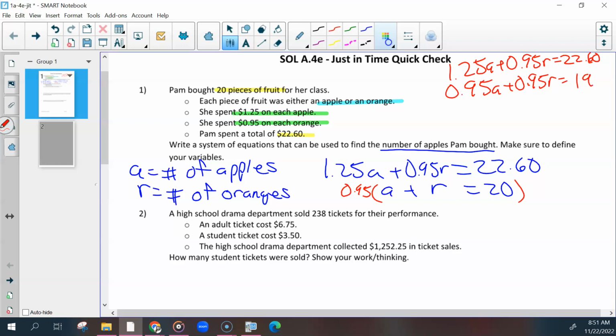So then, if I multiplied both by 0.95 and I wanted to get rid of my R's, I would subtract. So we would have, what is that, 30 cents?